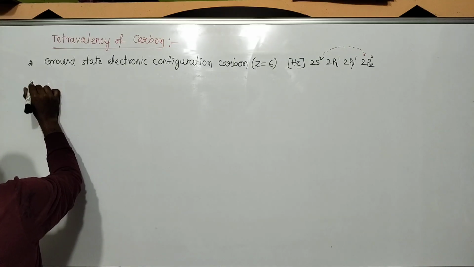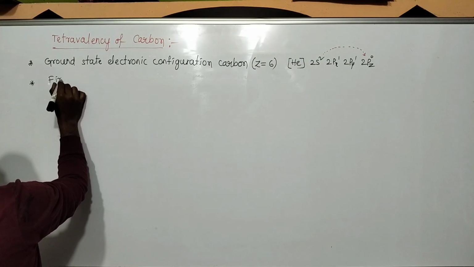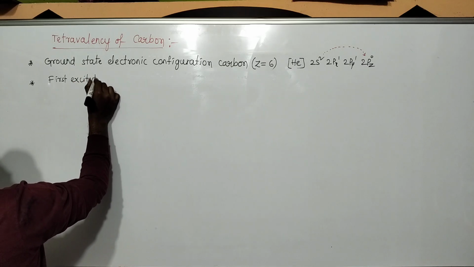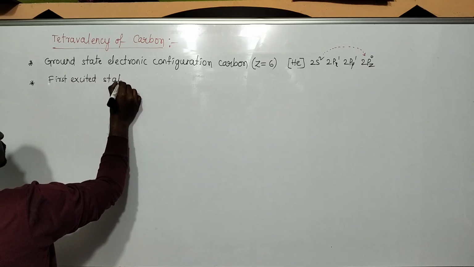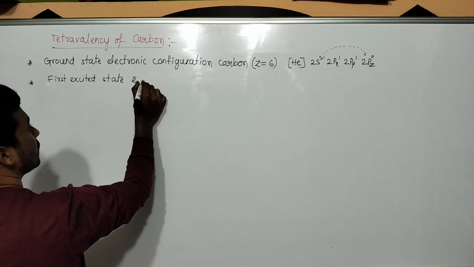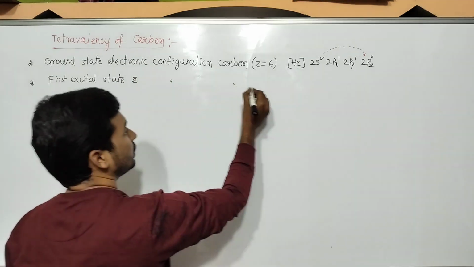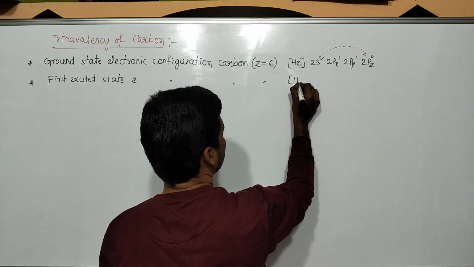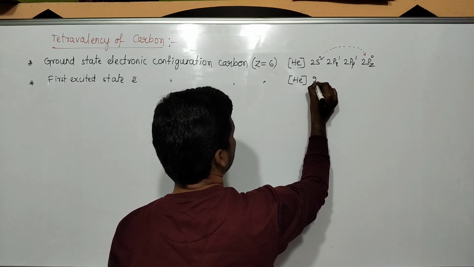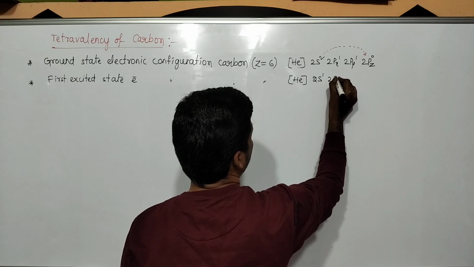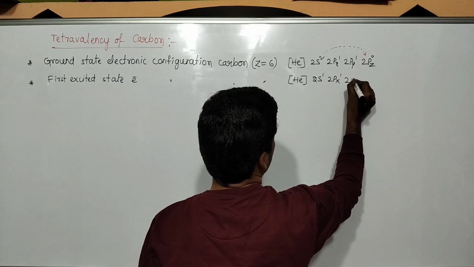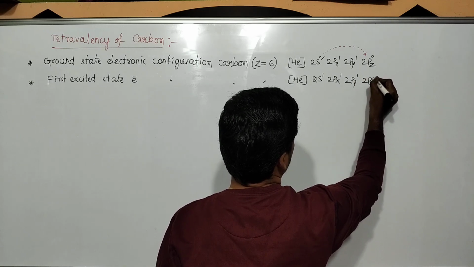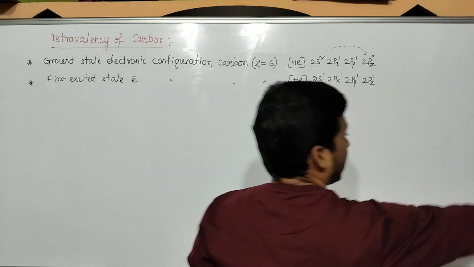So in the first excited state, the atomic number is the same, only the change is an electron jumps from the 2s subshell to 2p. So 2s1, 2px1, 2py1, 2pz also becomes 1.